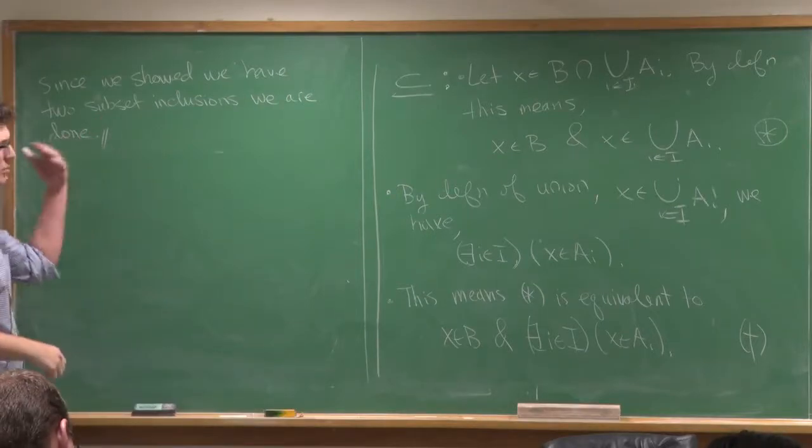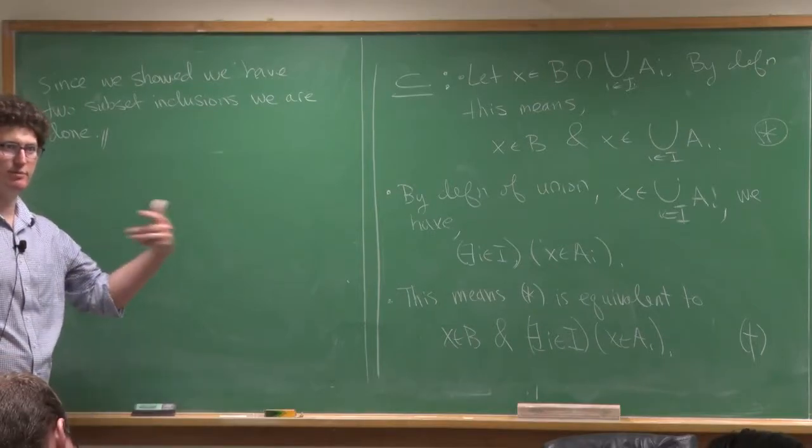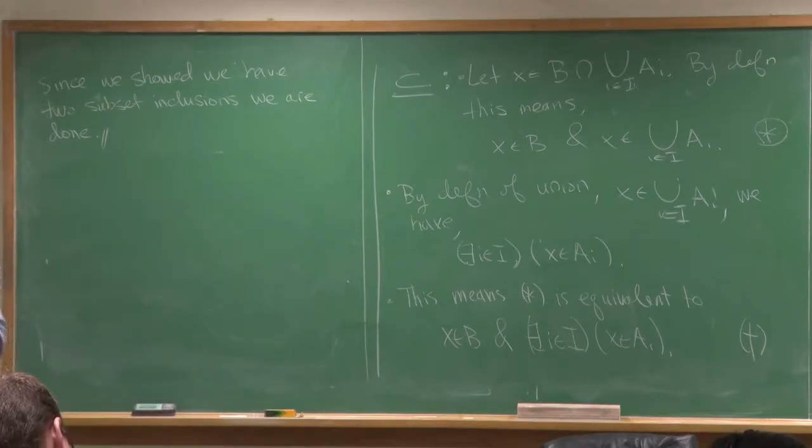So we showed that one was a subset of the other, and the other was a subset of the original thing. And that's how you show that two sets are equal.